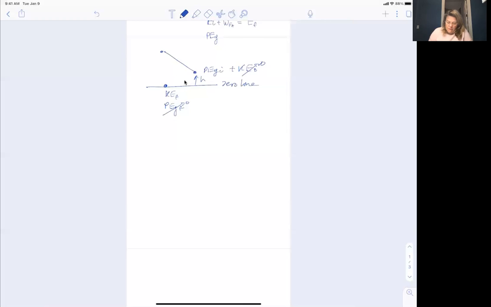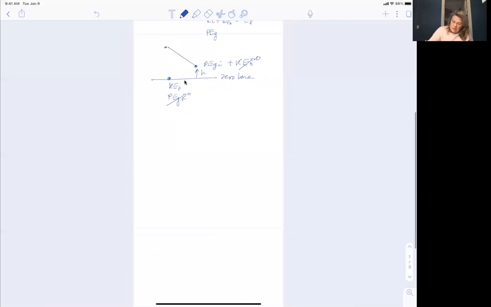So hopefully it's a straightforward height problem where we're trying to use conservation of energy. Change in energy is equal to 0. So if I were to draw it, my total mechanical energy would be constant.